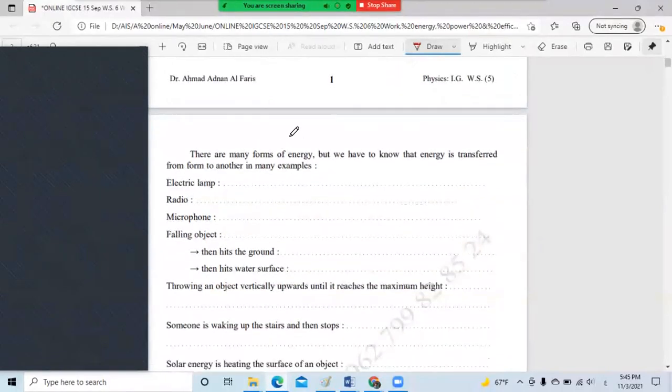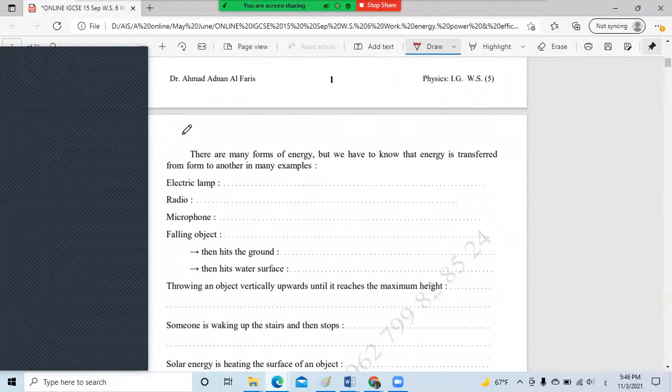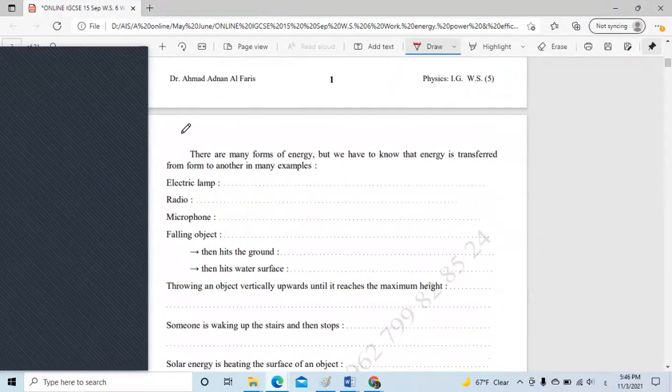Before we talk about the formula, we have something called the conservation law of energy. Who can tell me the meaning of the conservation law of energy? What does it mean?